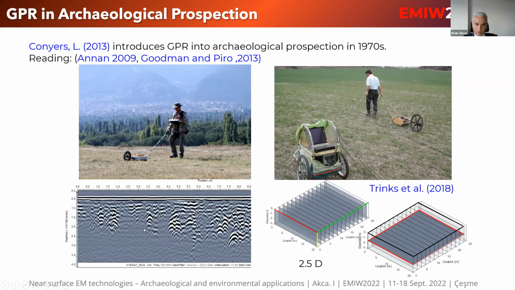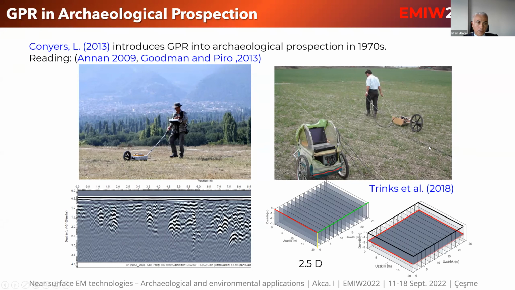We see the anomalies of subsurface targets usually as hyperbolas because the travel time equation is a hyperbolic equation. So you see hyperbolas everywhere in this section, which are coming from different archaeological targets.